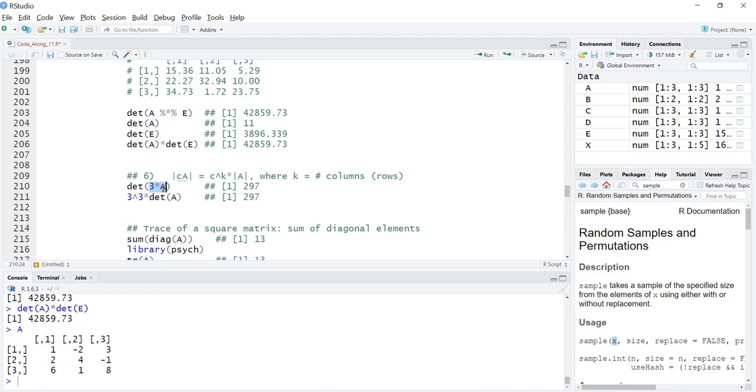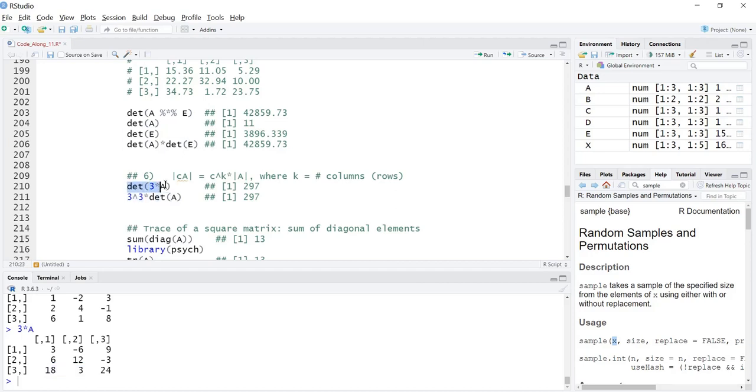So 3 times A is just 3 times every element. So in every row I can divide out a 3. For each element, I can divide that by 3. That's 3 times 3 times 3. That's 27. So this is going to be 3 cubed times the determinant of A.